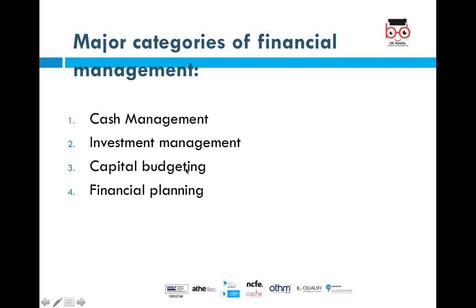Capital budgeting, which will be covered in learning objective 3, which is net present value, future value, internal rate of return, annual rate of return, and the financial planning. These are the major categories of financial management, and that will be covered in different sessions in the next 2 weeks, and then you can accumulate these aspects in your task, because you have to produce 4 different tasks in your assignment, and that has to be covered systematically on the basis of the financial data.